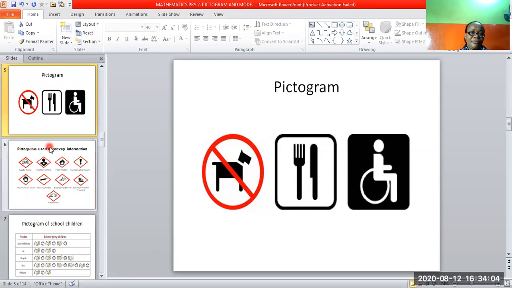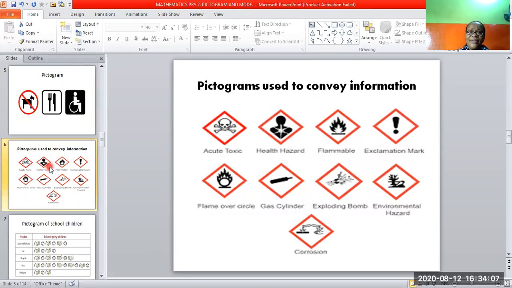Let's look at other pictographs that are used to convey information. Are we together? Now, when we see this kind of pictograph, acute toxic, probably the environment is toxic. Don't go in there.